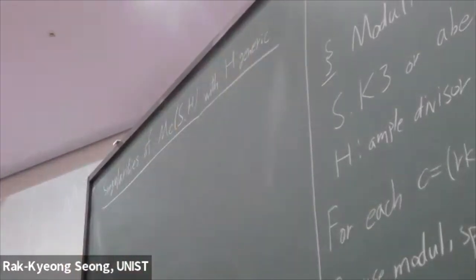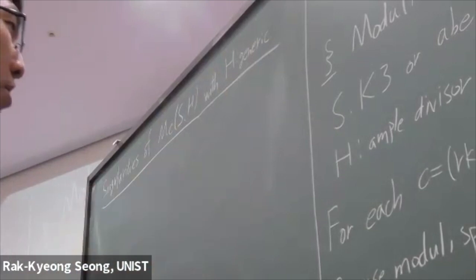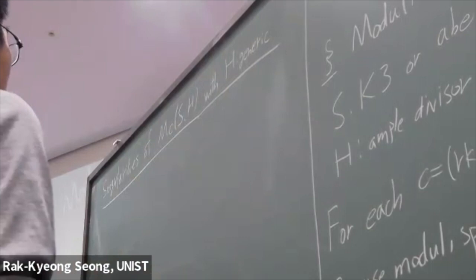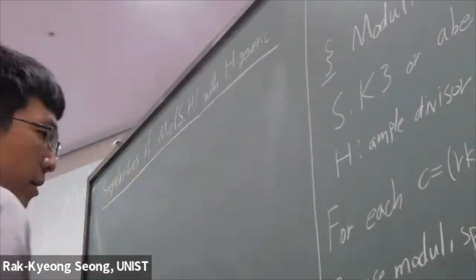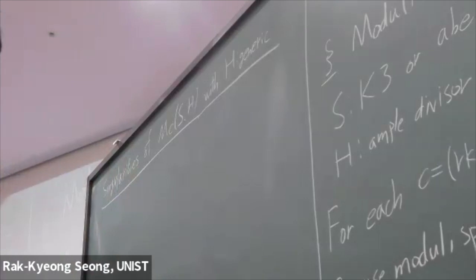If we choose more special ample divisors, then the corresponding moduli spaces tend to be more singular. So we choose H to be generic to get the moduli space as smooth as possible.